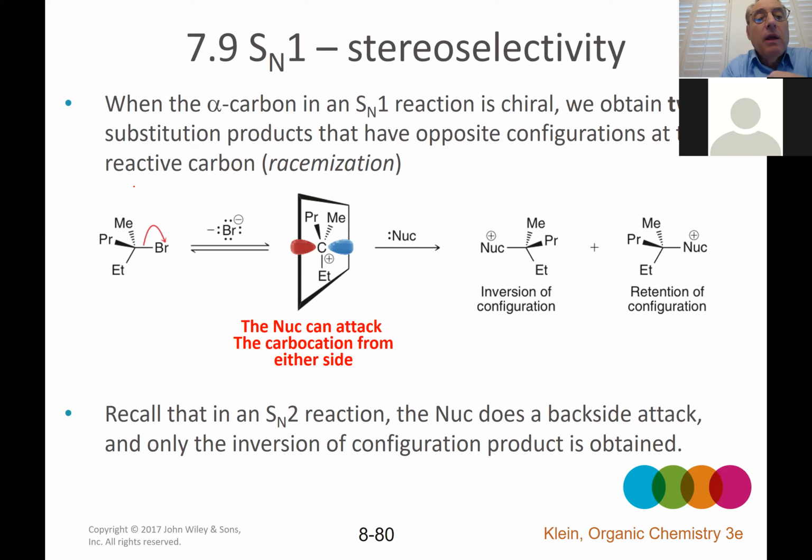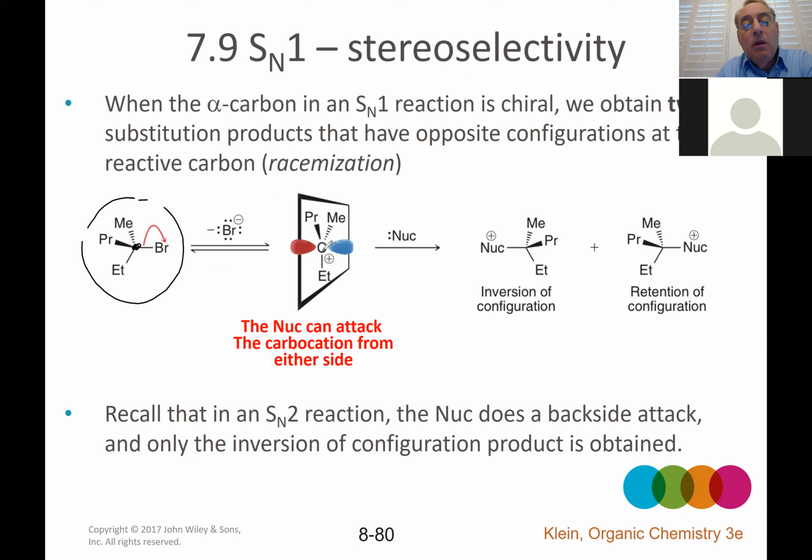So here we're starting out with a substrate that's chiral. We have a chiral carbon here. And in SN1, the first step is ionization. So you lose the leaving group. You form a carbocation. Why are we drawing it like this?